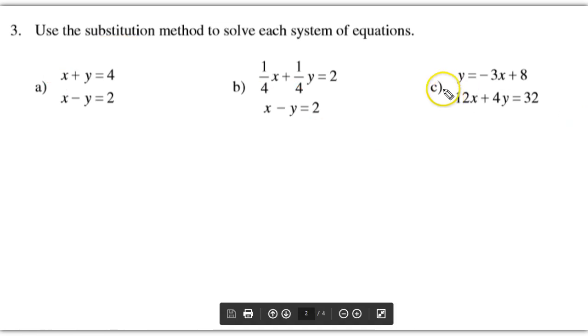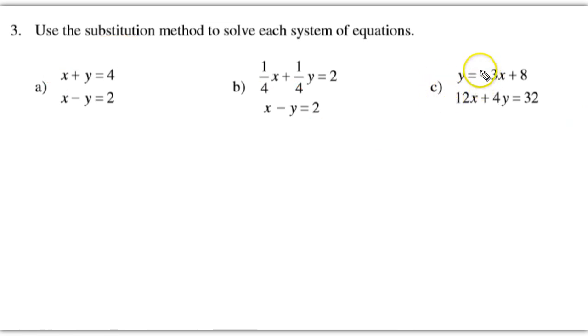Now, as we go on to letter C, this is in slope-intercept form. So here is what y is. So we're going to rewrite 12x minus 4, our value of y that we're going to substitute, put it in parentheses, a negative 3x plus 8 equals 32.